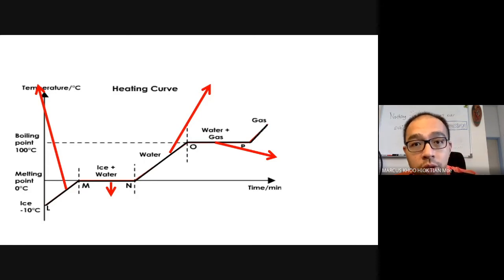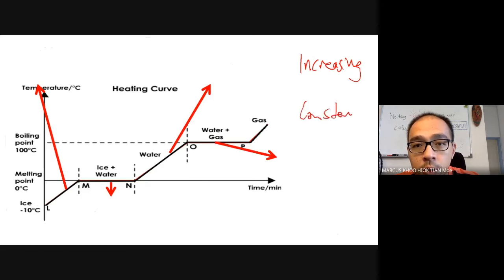So there are only two choices: either the kinetic energy is increasing, or the kinetic energy is constant. Again, tell me which part the kinetic energy is increasing and which part it is constant. LM constant, really? MN increasing.